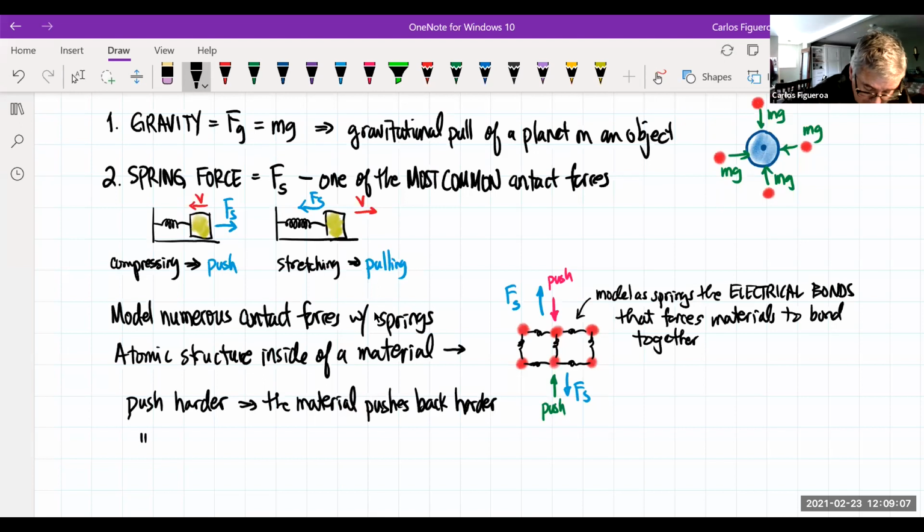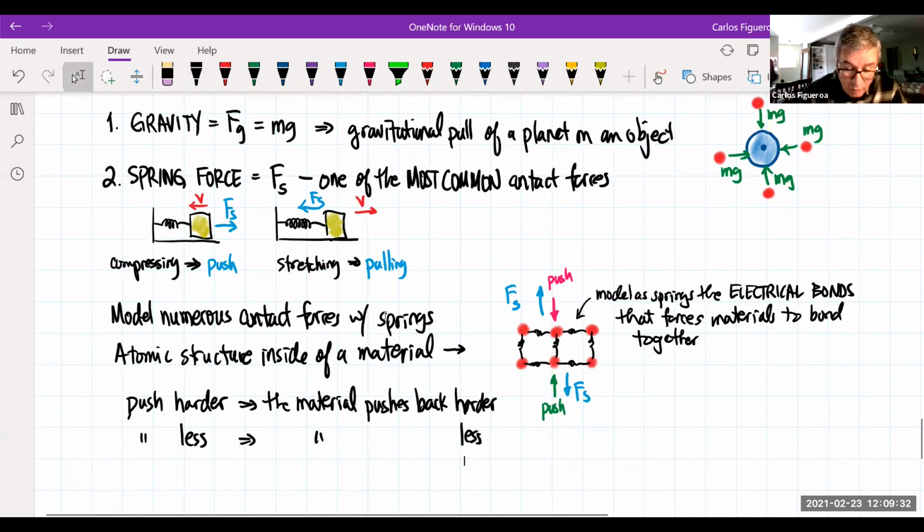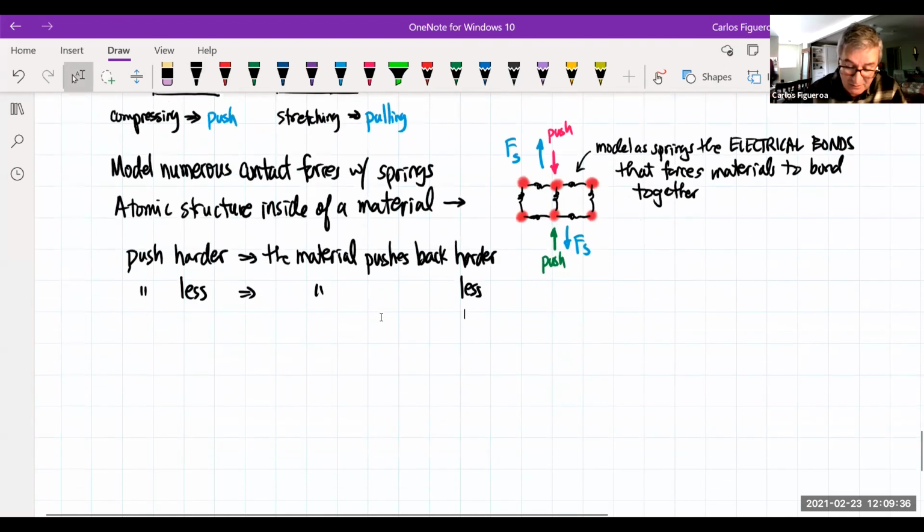And if I push, let's say, less, I should probably say less hard or whatever, but I'll just say less, then that means the material is going to push back less also. So that's really the basis for modeling almost all of the contact forces that I could think of offhand.